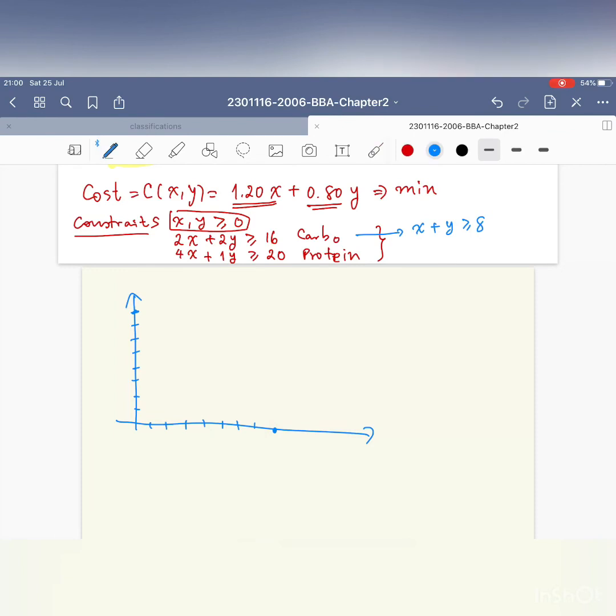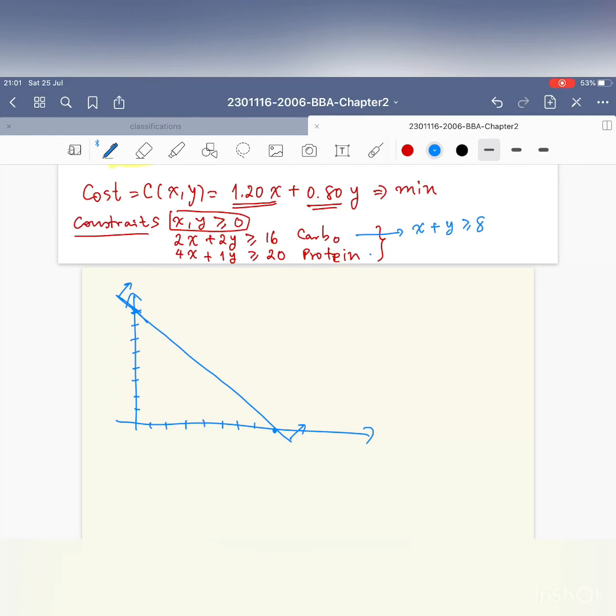So you have this one. And as you test for your 0, 0, you have 0 greater than or equals to 8, which is a contradiction. So it means that your region must not include the 0, 0. So the region will be the one upward.